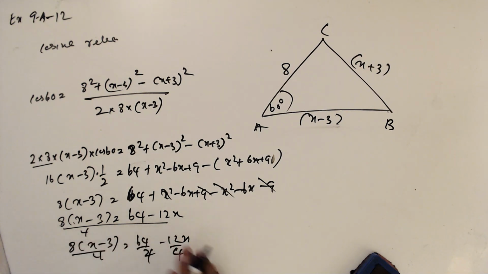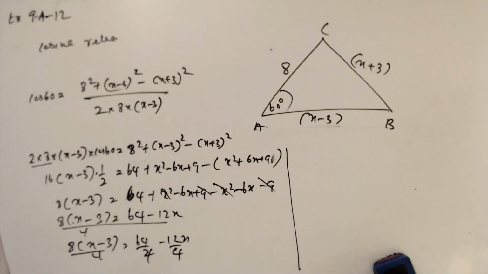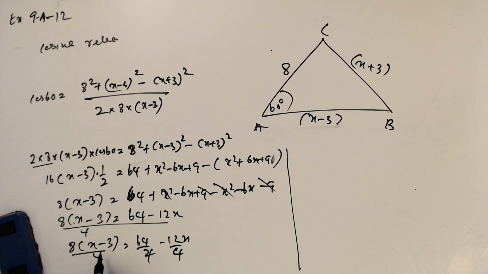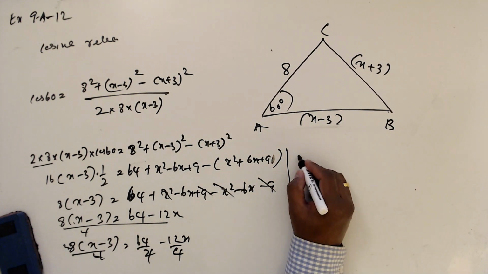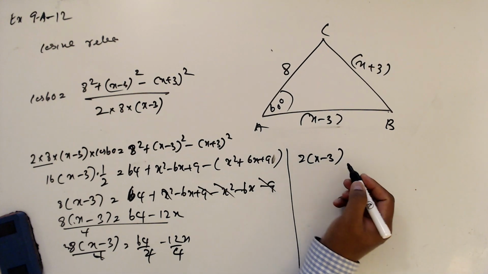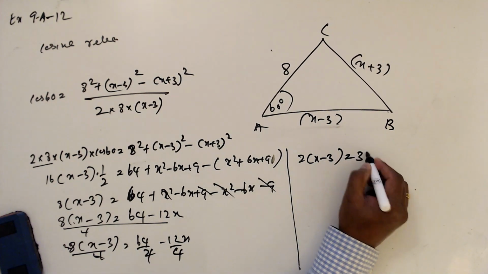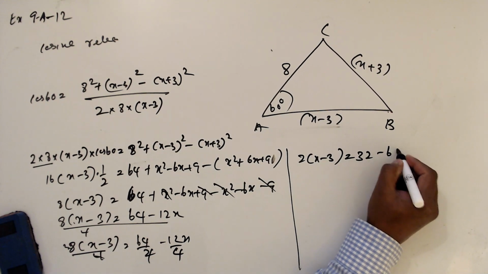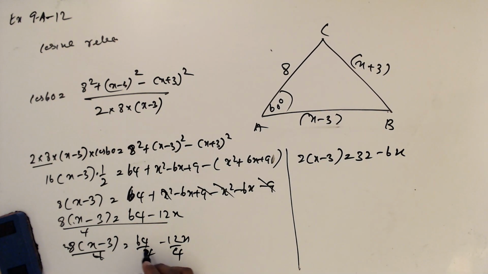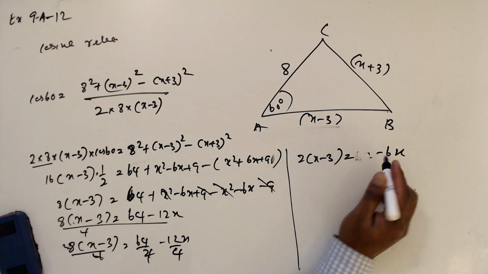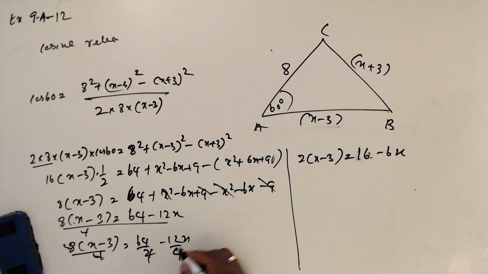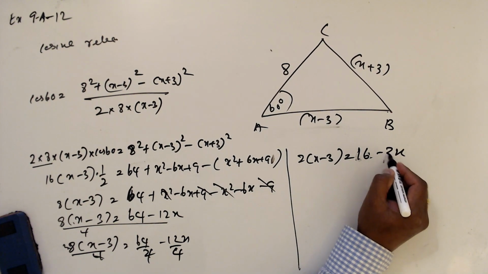This is the meaning of everything being divided by 4. So this is 2(x minus 3) equals 64 divided by 4, which is 16, and 12 divided by 4 is 3.